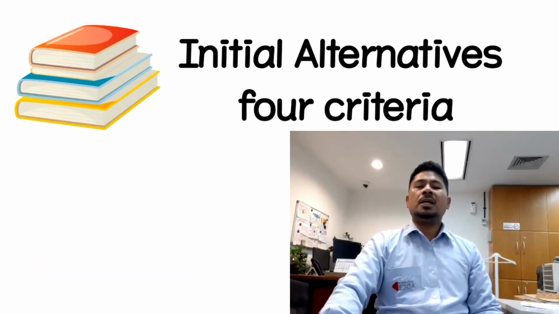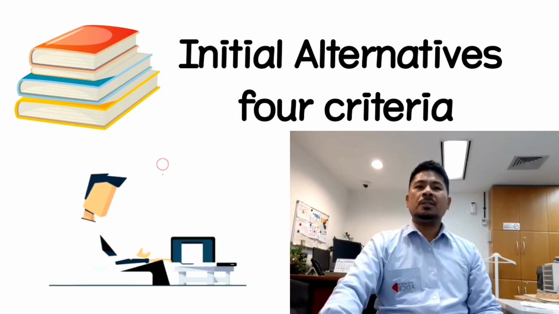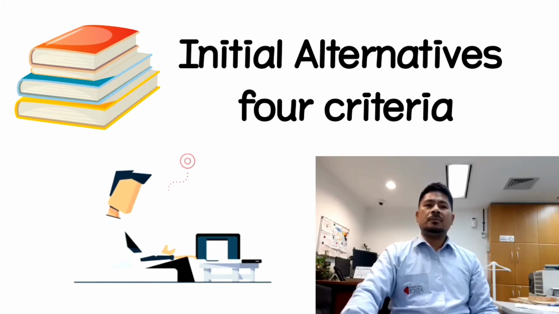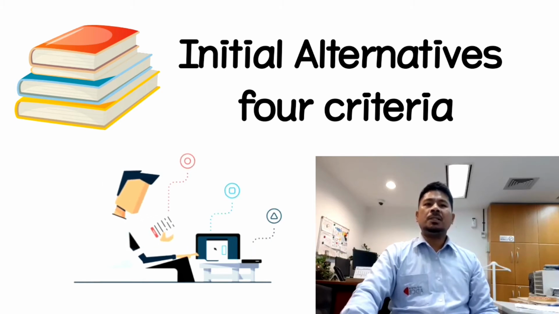Each criterion is described in the following section with examples of types of merits that will be considered. Initial alternatives will be evaluated on their relative ability to meet each of the criteria.